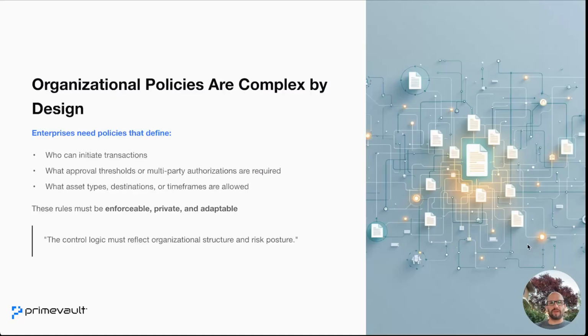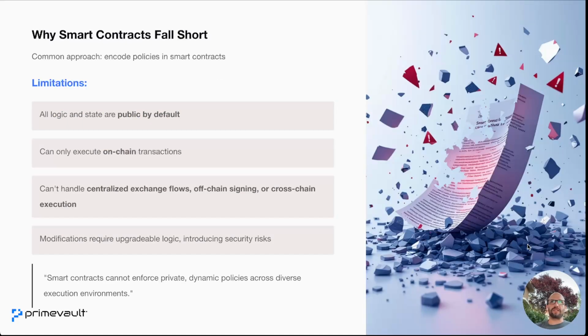Now, most people, when they think about this problem, will imagine that what they need to do is just add a smart contract, because people in crypto have this intuition that all problems can be solved by a smart contract. So they say, okay, rather than having an individual key for our company, we're going to have a smart contract, and that smart contract is going to manage the funds for the whole organization.